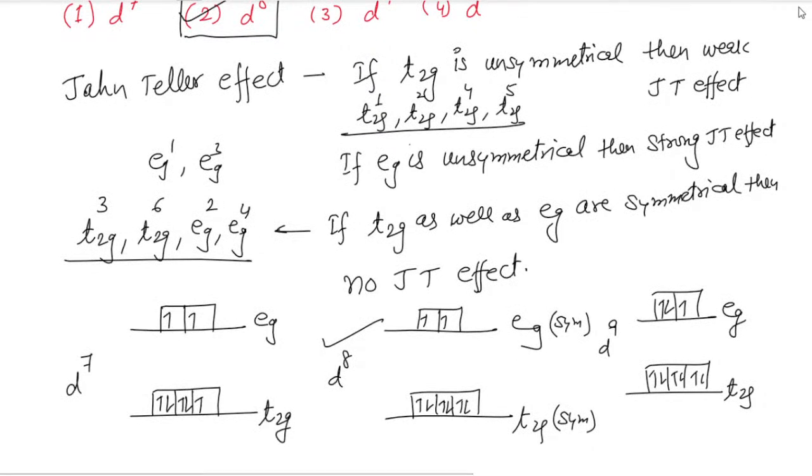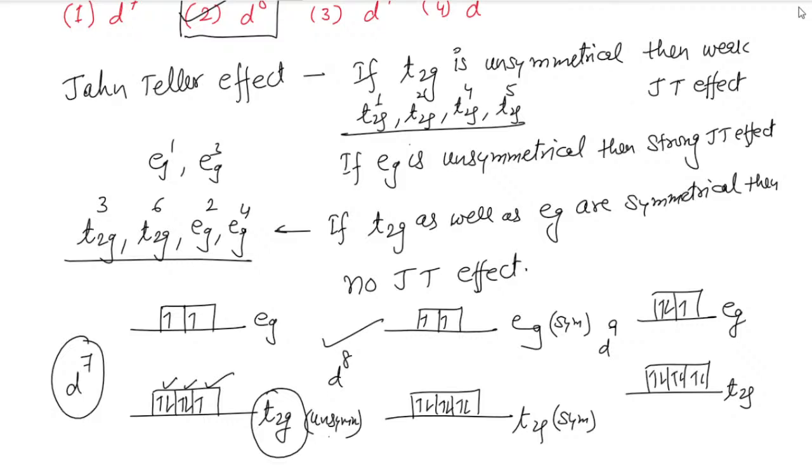Now, in case of D7, 1, 2, 3, 4, 5, 6, 7. T2G is unsymmetrical because either all of them have 2 electrons or 1, 1, 1. But here 2 are paired, 1 is unpaired. So it is unsymmetrical, but in EG both the electrons are unpaired, means it is symmetrical. So obviously Jahn-Teller effect is observed.